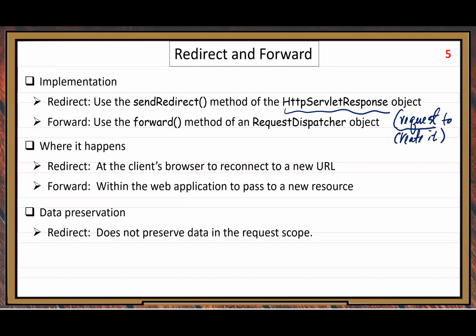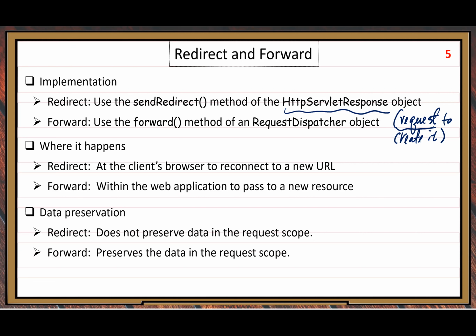When you terminate it, the data stored in the old request scope disappears. Then, because the old request scope terminates, the memory resource occupied is released. You want to save memory resource, right? So you don't want to keep all the data if you do not need them.